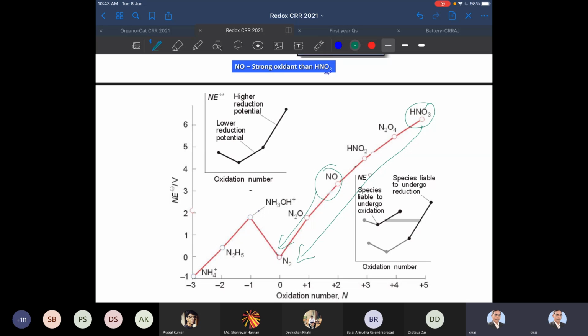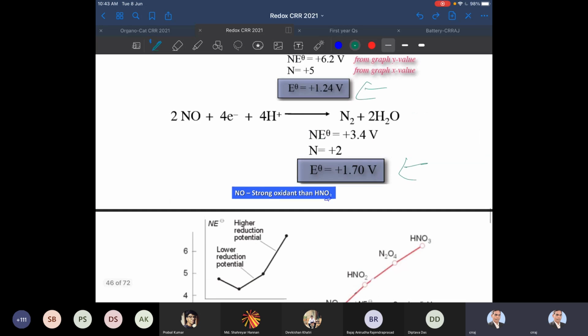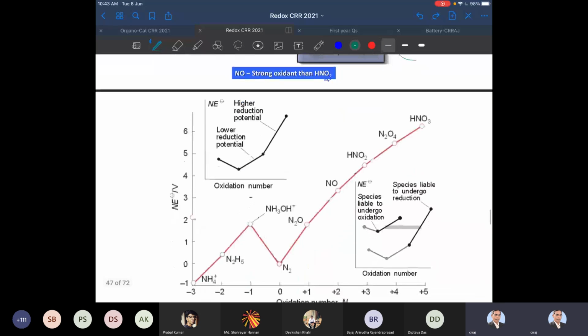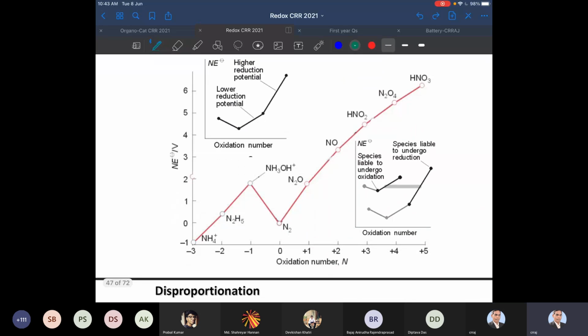With respect to the elemental oxidation state, among these two, HNO3 and NO, NO is a more powerful oxidizing agent based on the reduction potential. Now, I have already explained that this couple has the higher reduction potential and this will be the lower reduction potential. You can read it from the diagram.